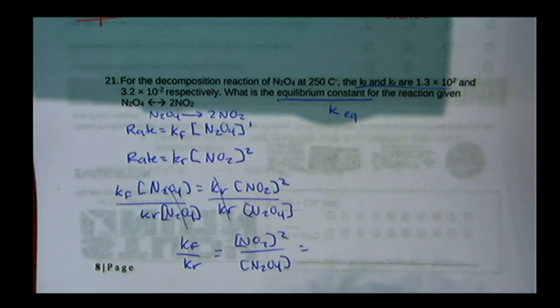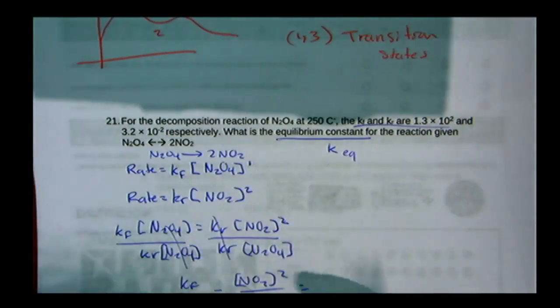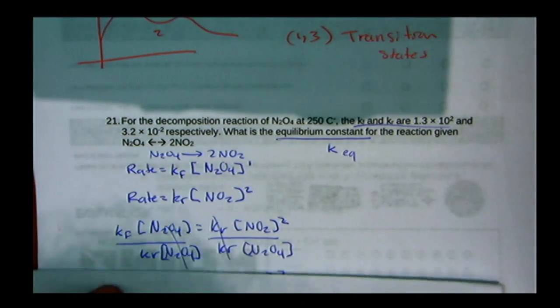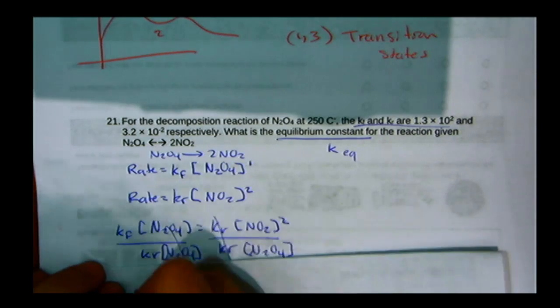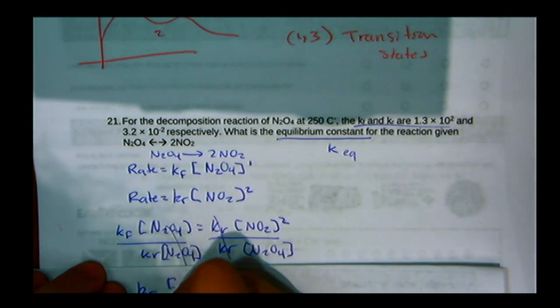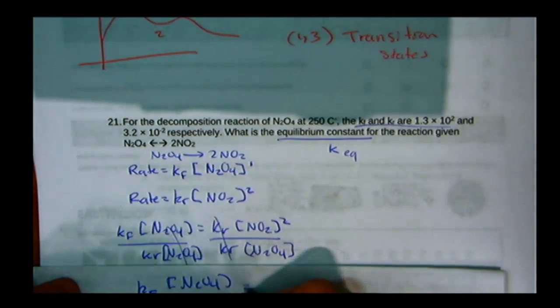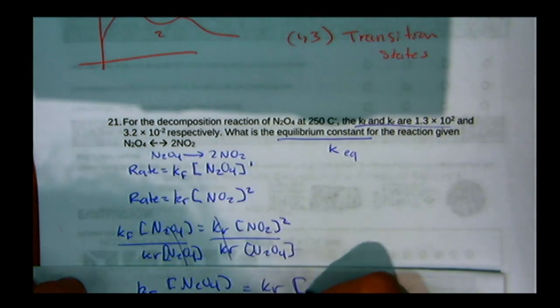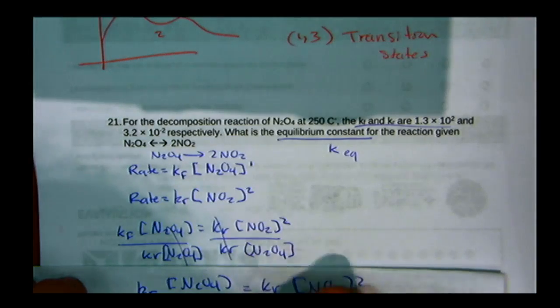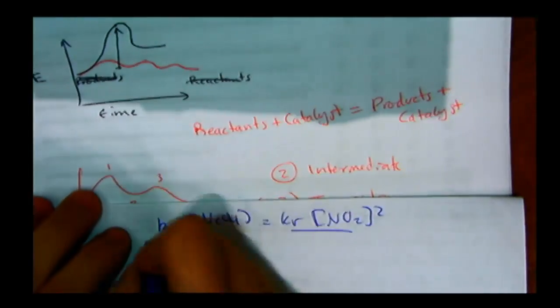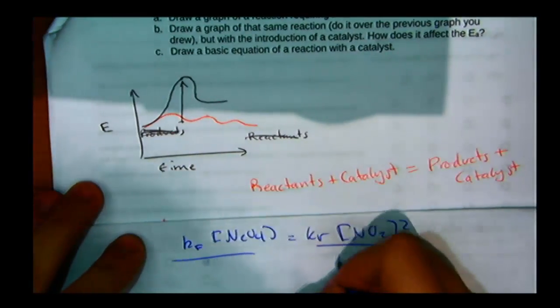So she's asking, okay, we have Kf times N2O4, but I want to move all my K's to one side, right? So I move my Kr by dividing it on both sides. And then I have Kf over Kr times N2O4, equals NO2 squared.